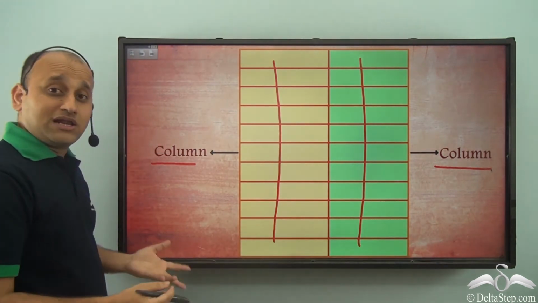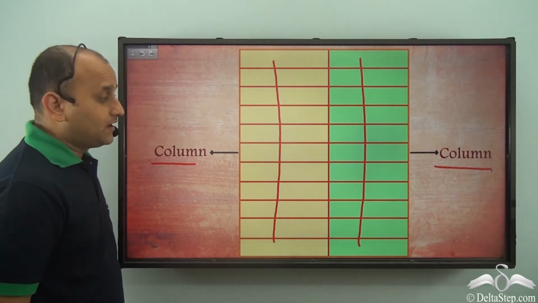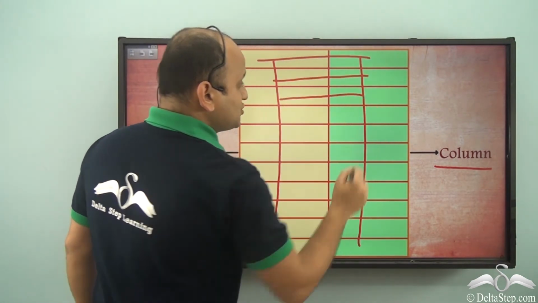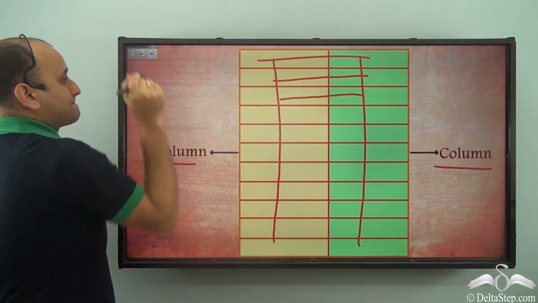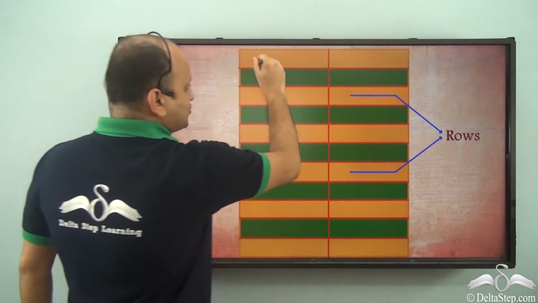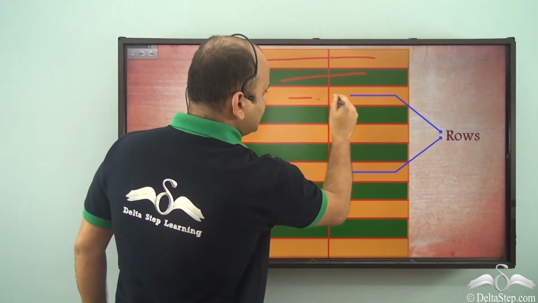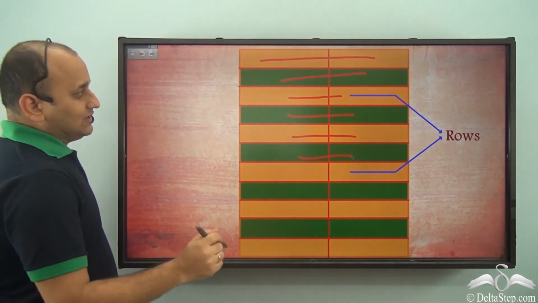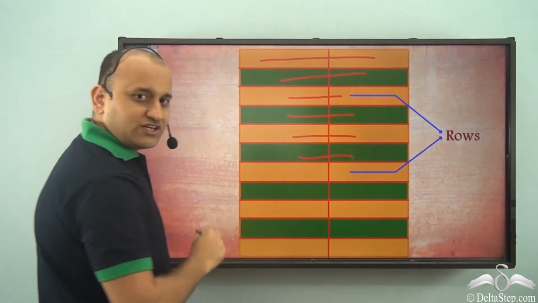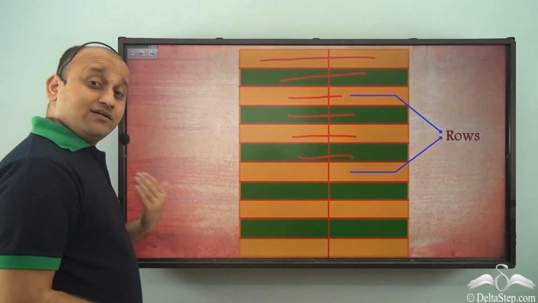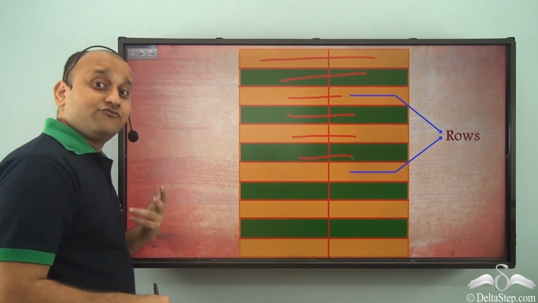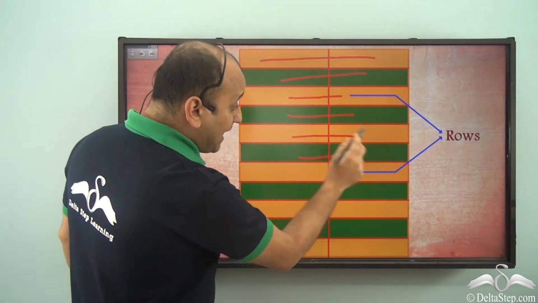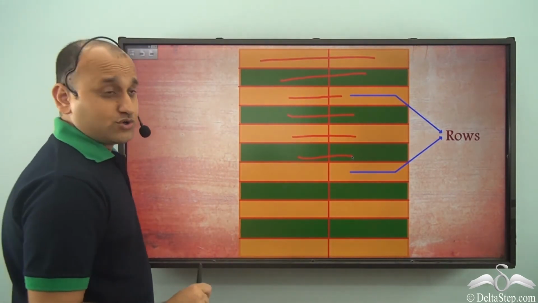So these are columns of a table. Now what about these horizontal parts? Well, these horizontal parts which you can see here, these are called rows. So these are different rows of the table. So you had the vertical parts which are called columns, and then you have horizontal parts which are called rows.